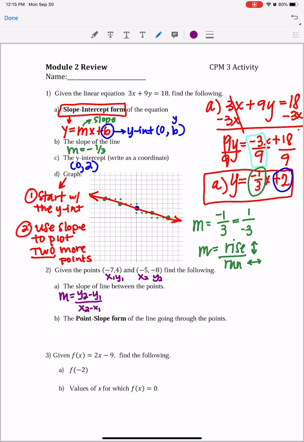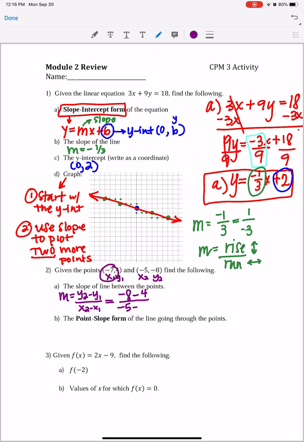So I will tell you, biggest mistake on this formula is you guys will put x on the top and y on the bottom. You've got to remember y is on the top. So once you have these labeled, you know your formula, just plug in y2. My y2 is negative 8, minus my y1 is 4. x2, my x2 is negative 5, minus x1.